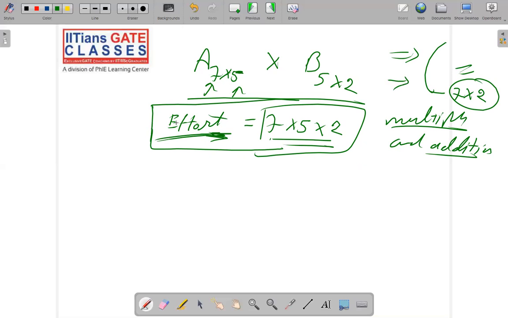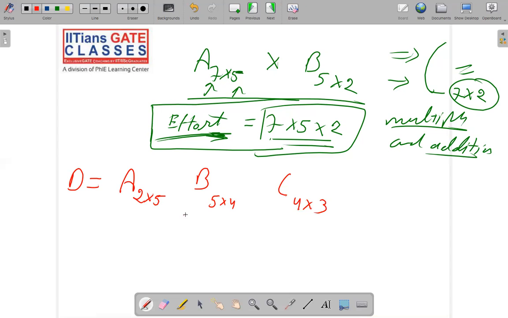Okay, so right now, instead of having only two matrices, you are given, for example, three matrices, and you have to multiply them in any order possible. So let's take an example of three matrices. You have to calculate D, where you are given matrix A with dimension 2 by 5, B with 5 by 4, and C with 4 by 3.